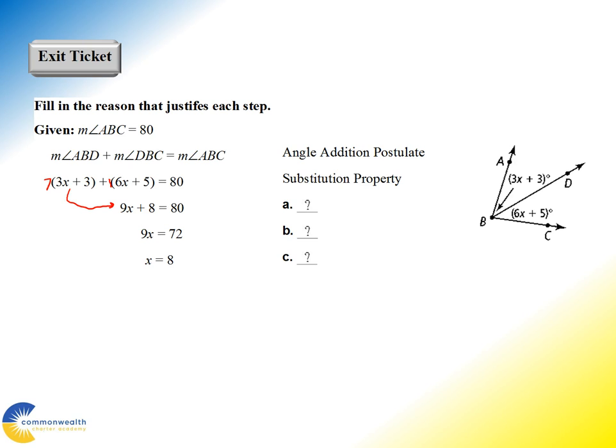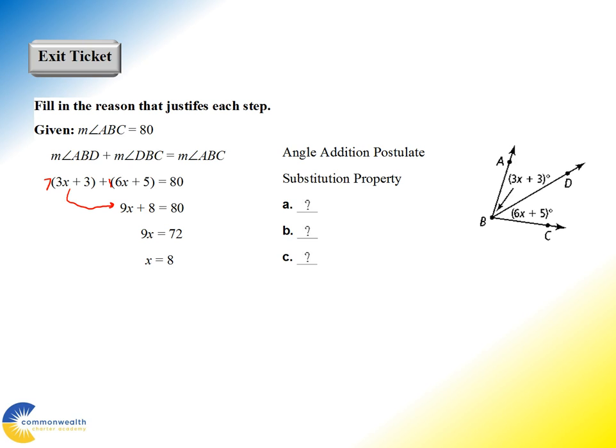So what did happen? Well, it looks as though the 3x and the 6x got added together, and the 3 and the 5 got added together. So essentially I added like terms on the left-hand side. Now people sometimes will say, because they saw addition, it's the addition property of equality. But you have to remember that the addition property of equality would indicate that some sort of addition is being done on both sides of the equation.